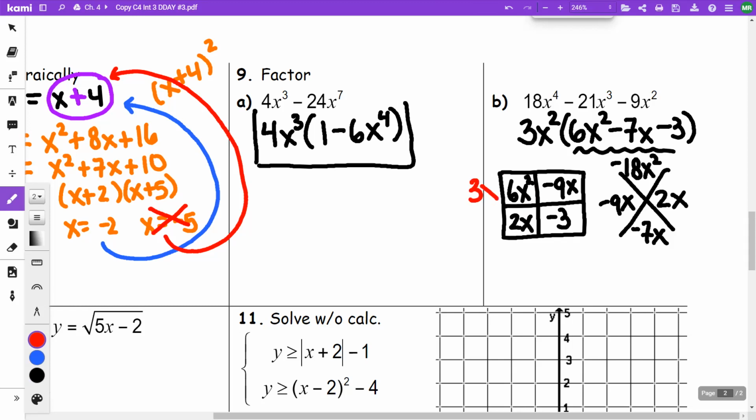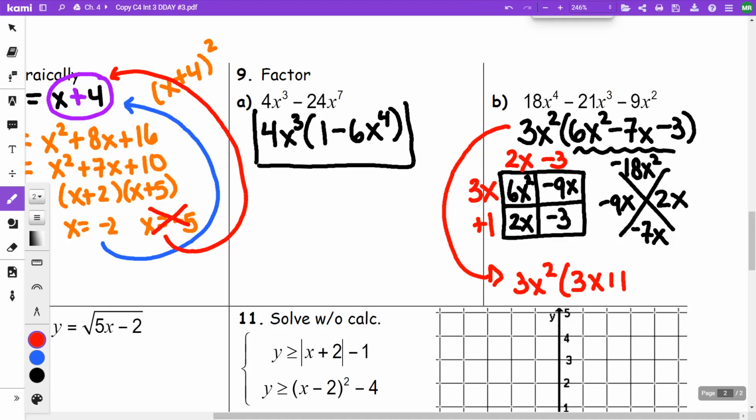So I'm going to have a 3x help with the 9, a 2x help with the 2x. 3x times a -3, 2x times a +1. Now, don't forget that in front of this, you had a 3x squared that was factored out. We still need that. And then we have a 3x plus 1. Let me write my plus better. I've been writing sloppy pluses lately. And a 2x minus 3.